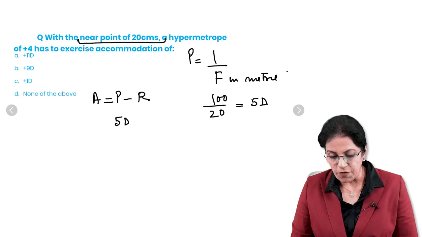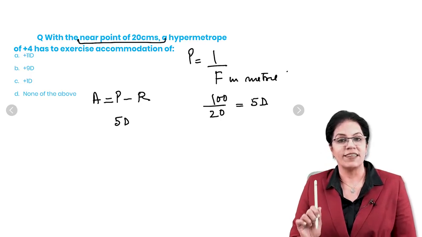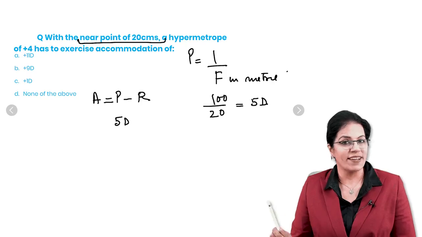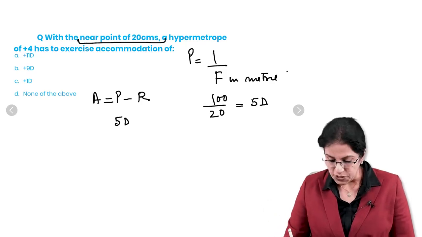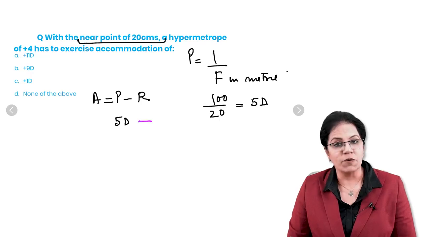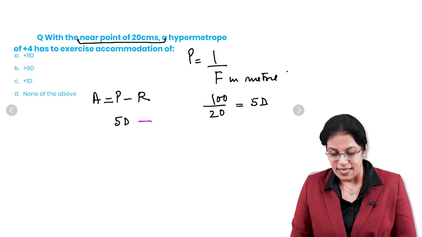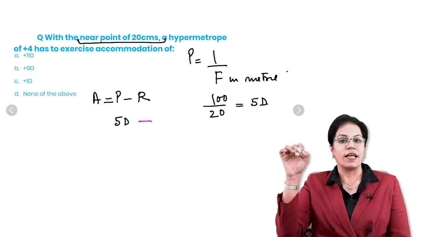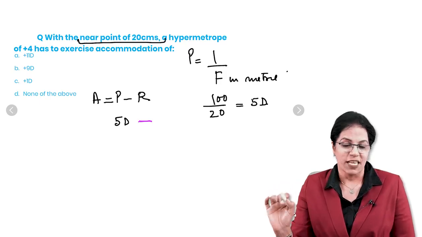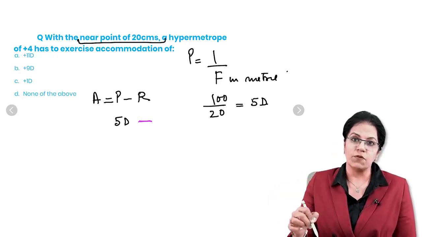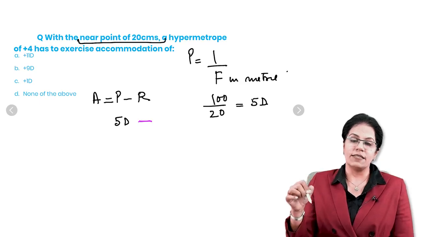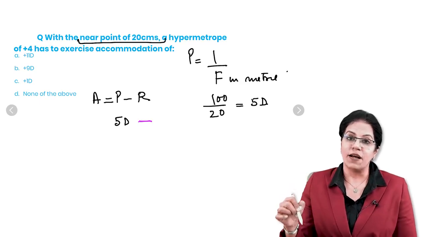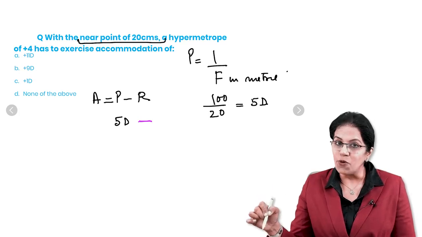He is a hypermetrope of plus 4, means at far point the power is plus 4. Now pay attention. So R is equal to plus 4? No. When there is hypermetropia, we write it as plus, so the power at the far point is indicated as 4.